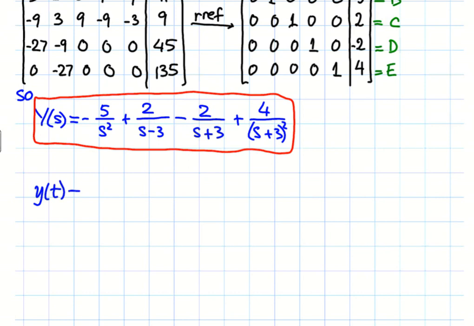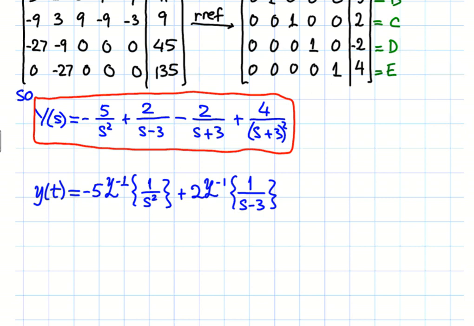Inverse transform: I just write negative 5 times the inverse transform of 1 over s squared, plus 2 times the inverse transform of 1 over s minus 3, minus 2 times the inverse transform of 1 over s plus 3, plus 4 times the inverse transform of 1 over s plus 3 squared.